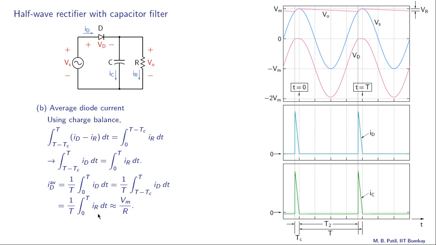Now IR is nearly constant as we have seen before, so it's just Vm by R, and so the average value of ID turns out to be equal to the average value of IR, that is Vm by R.